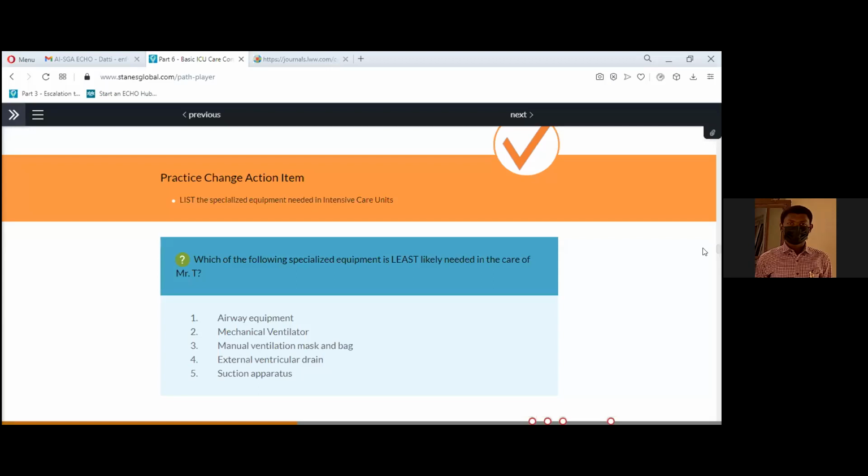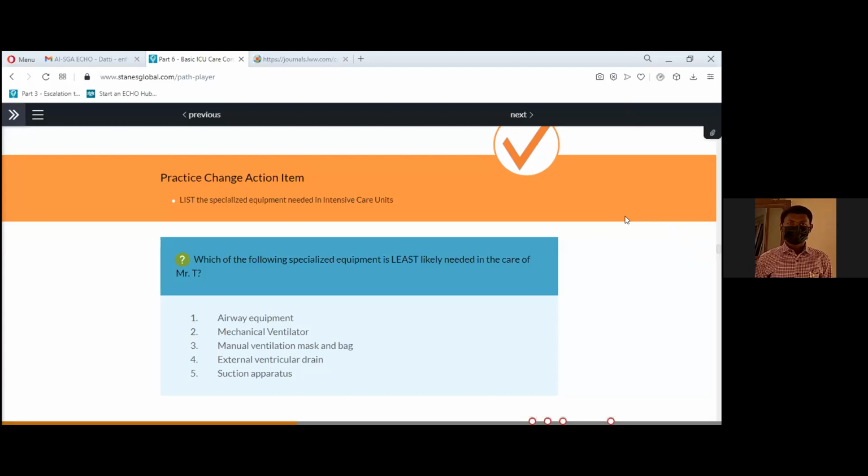Yes, because Mr. T has respiratory symptoms, so definitely he needs airway equipment and monitors. Then mechanical ventilation, because his saturation is low on oxygen therapy, in fact at 15 liters per minute on a non-rebreather, and then 3, manual ventilation is certainly needed.